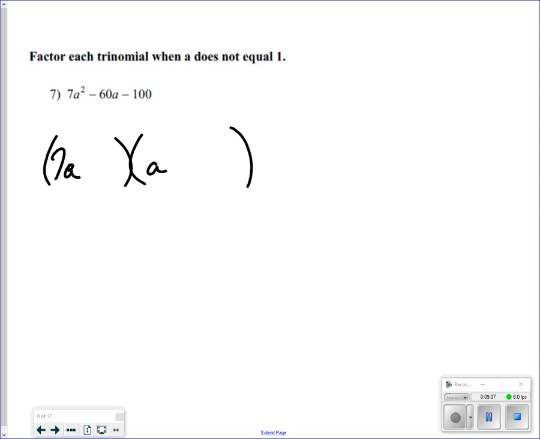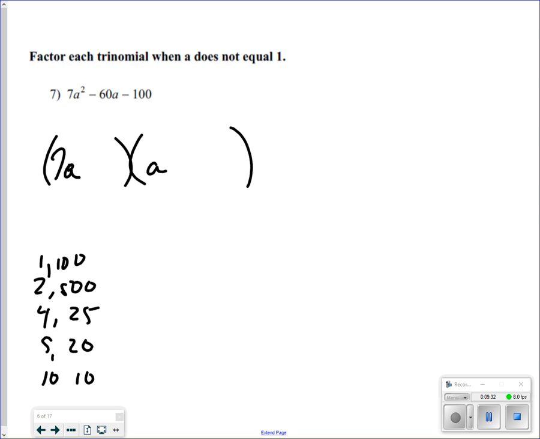So I probably should write all those down. Sorry. 1 times 100, 2 times 50, 4 times 25, 5 times 20. 6 doesn't divide in evenly, sorry. 7, 8, 9, and then 10. Those are all your choices.